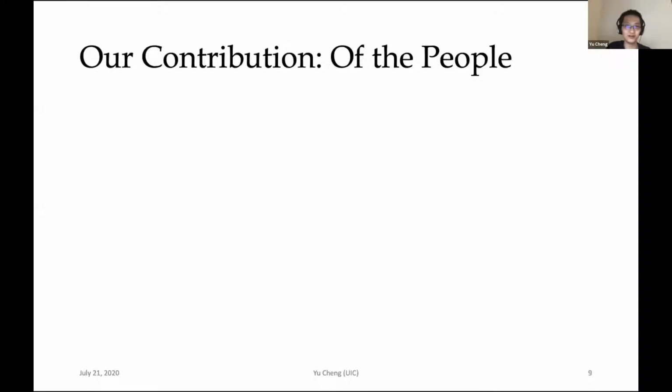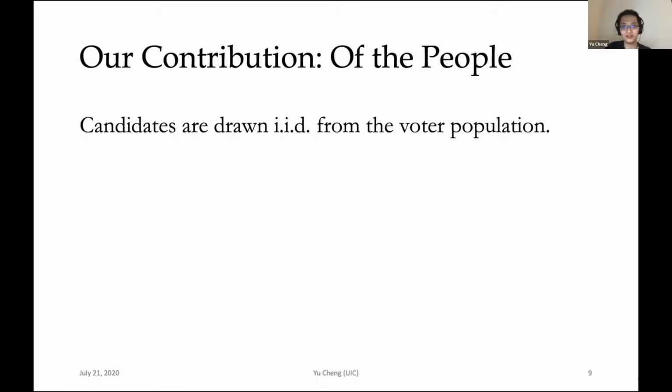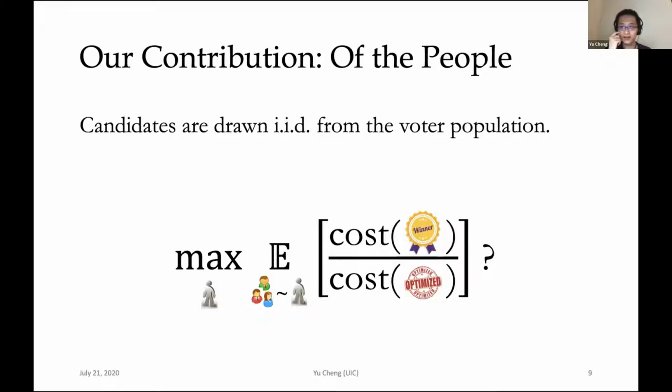All right. Without further ado, let me introduce, in just one slide, the main contribution of this line of work. What we did was consider representative candidates, where we go with the most natural notion that we think of: your candidates are drawn independently at random from your voter population. So instead of maximizing over your instance to find the worst case distortion, you just compute the maximum possible expected distortion instead.